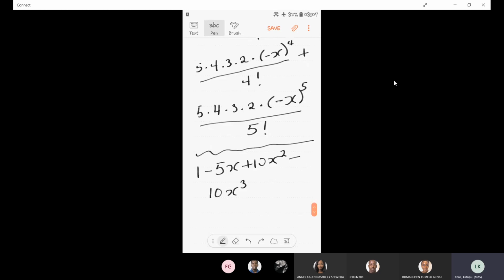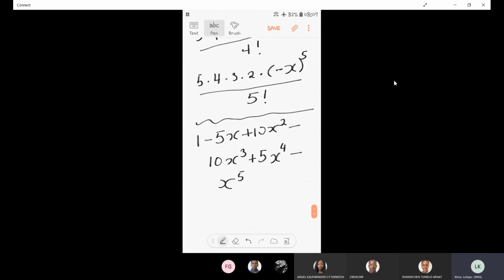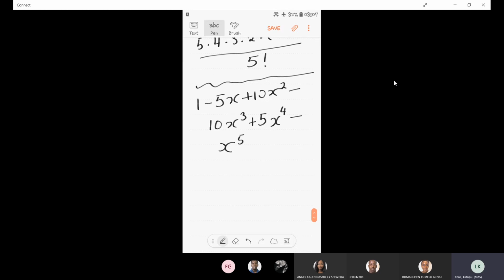So I have plus 5x to the power of 4. So this is positive because my exponent is even. And then the last one is the one that is negative. Okay, and that is negative x to the power of 5. And again, there are no restrictions over here.